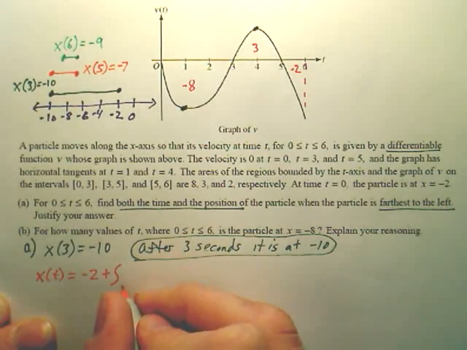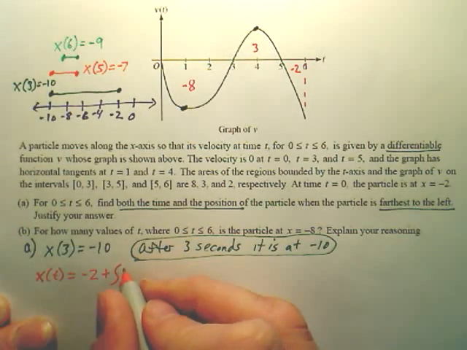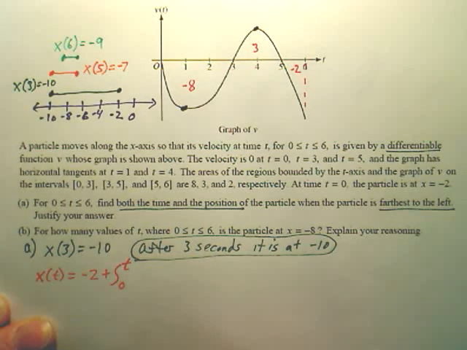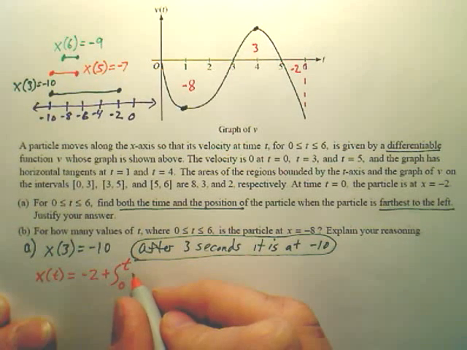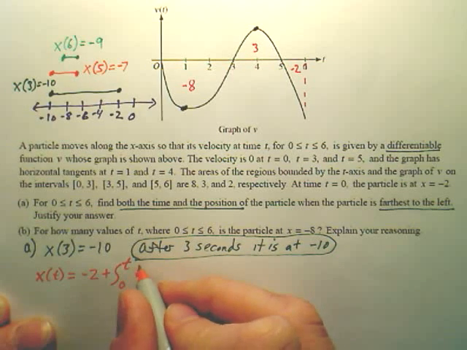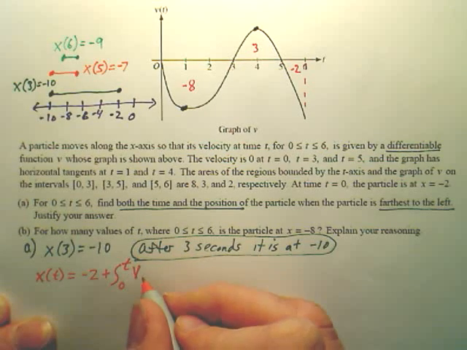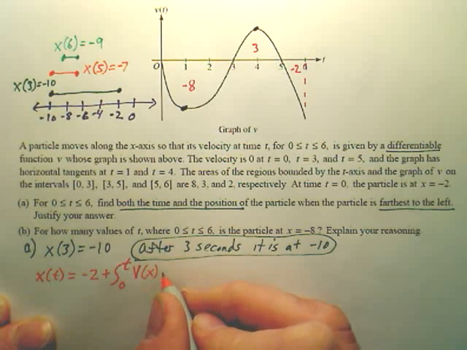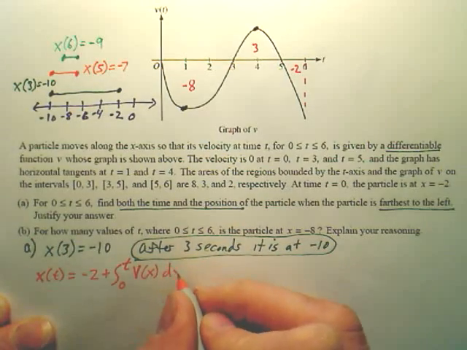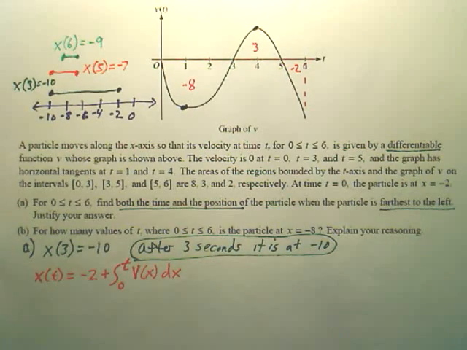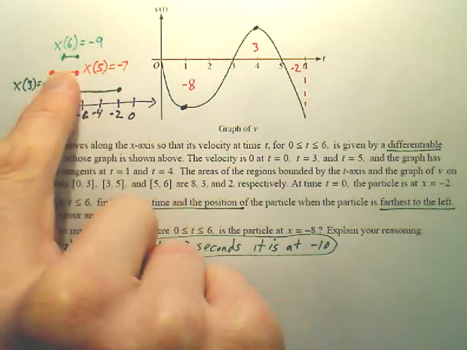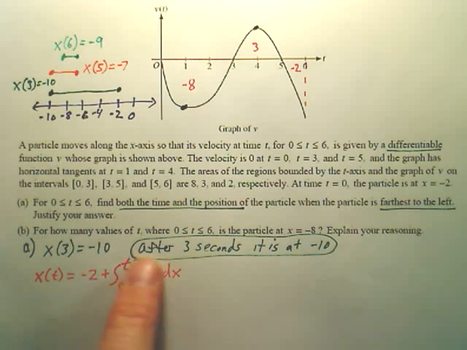Plus the integral of v of x dx, from 0 to t. I have to use a different variable inside the integral, because if that's t, then you have to use a different variable. So if that's my equation, could I also use this to find all those values that I drew up here in the picture? This would be the formula to find them all.